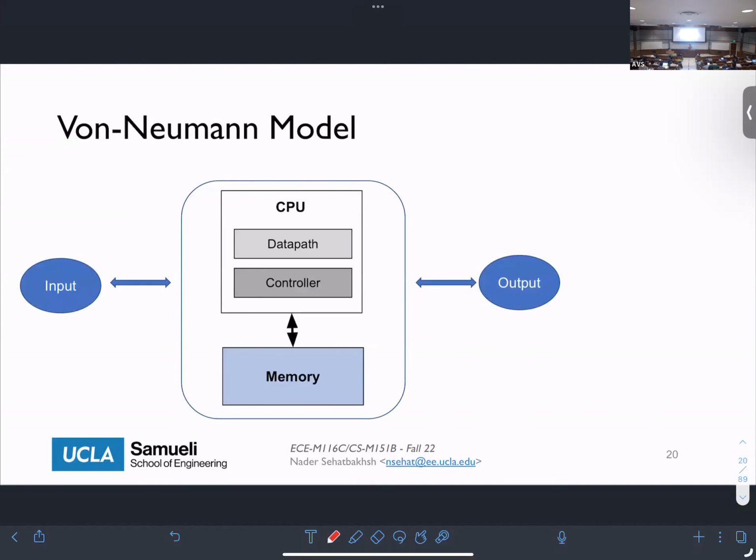If you think about what we discussed at the beginning of this class, we said that our model of a computer is a processor or a CPU, which has a data path and a controller, and this CPU is talking to a memory, which so far we treated as an instruction memory and data memory. And we said that essentially things are stored there, and the CPU goes there, reads things and brings them to the CPU.